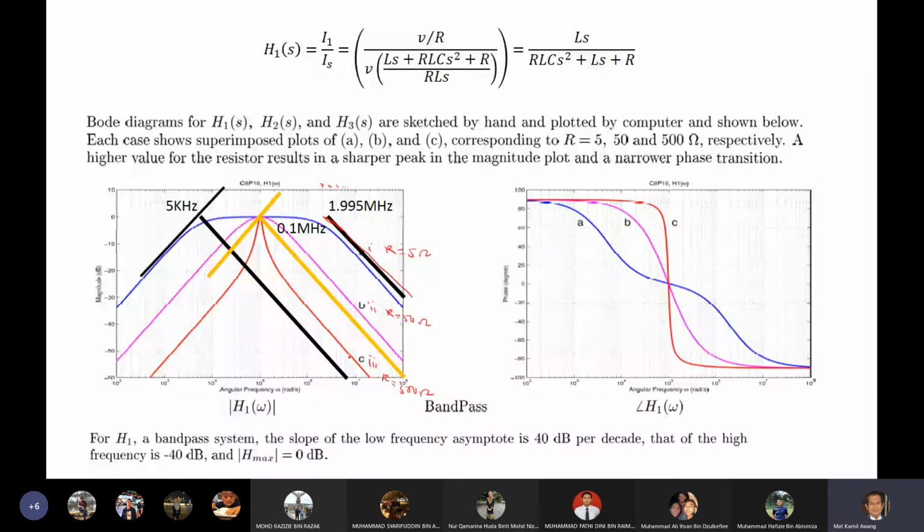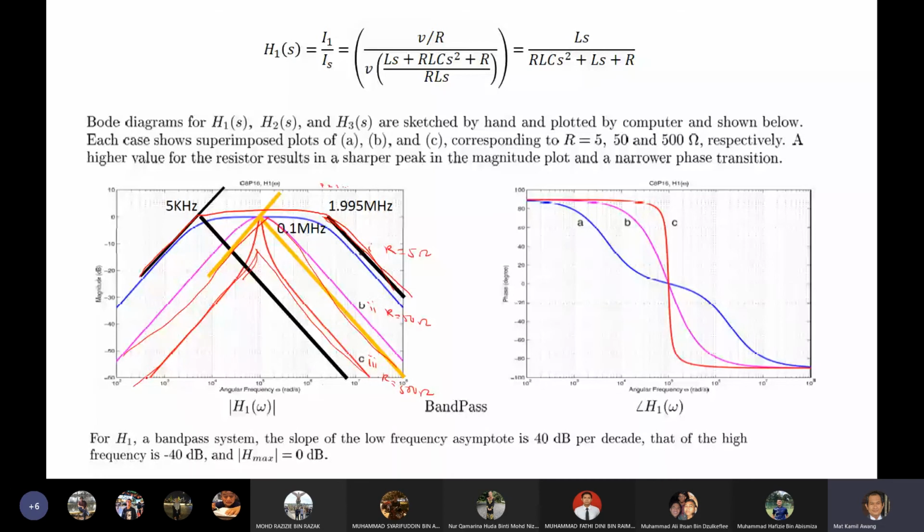So basically you go up and you go down, something like this. If you draw asymptotically, for the first one is this, that, and goes down. The second one is something like this and goes down. And this one is something like this and goes down here, right?